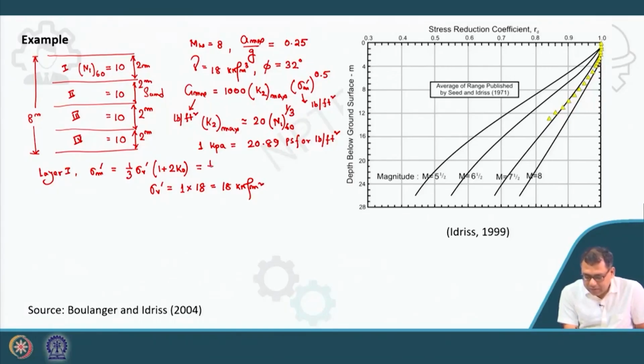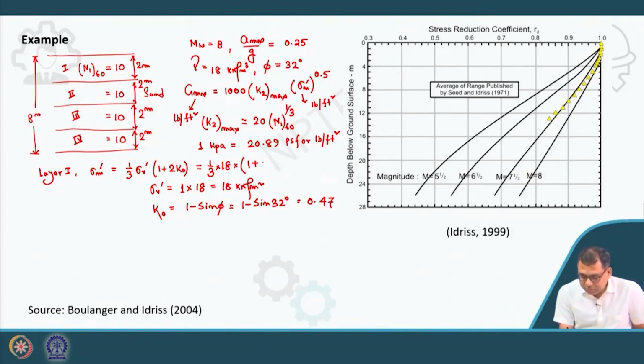So here I can write 1/3 into 18 into 1 plus 2 into k0. k0 is how much? 1 minus sin phi. So this is 1 minus sin 32 degree. This is 0.47. So this is 2 into 0.47.